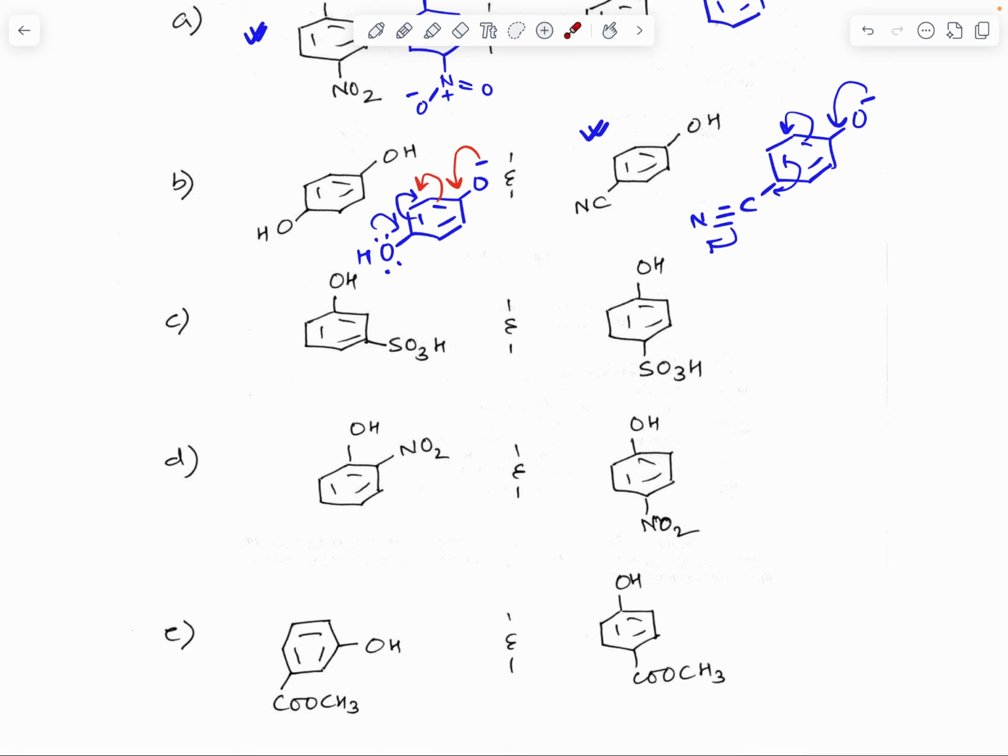In this case, the only difference between the two compounds is that the SO3H is at the meta position to the OH, as opposed to out here where it's para. So again, if I draw out the conjugate base in the first case, I'm going to put the SO3H on the other side.